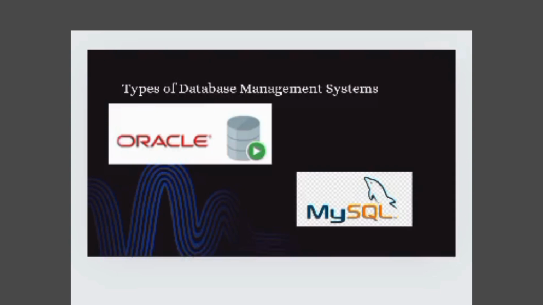It basically involves tables, rows, and columns, and it stores data in that structure. NoSQL is unstructured and very flexible, and that's the second type. The last one I'll mention is the object-oriented database.